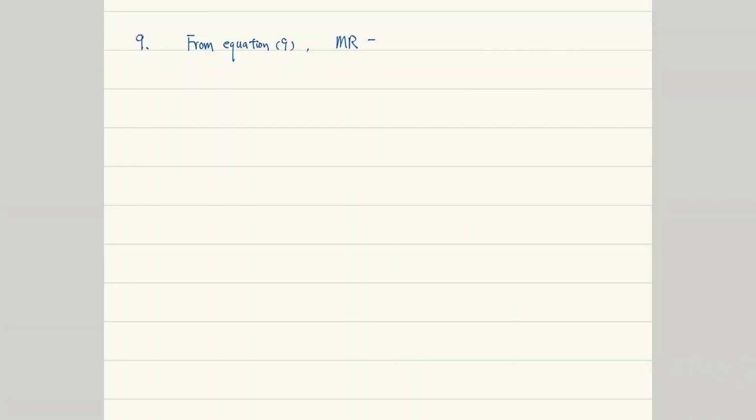For question 9, we have the expression for the marginal revenue, which is a function of price and the price elasticity of demand. This expression is true for all types of firms, no matter if it's competitive or monopoly.